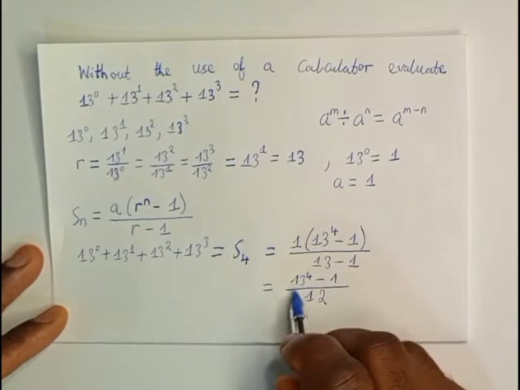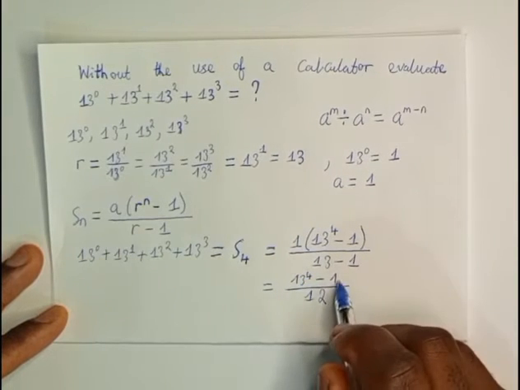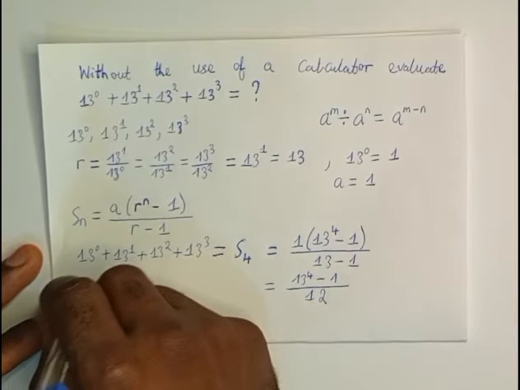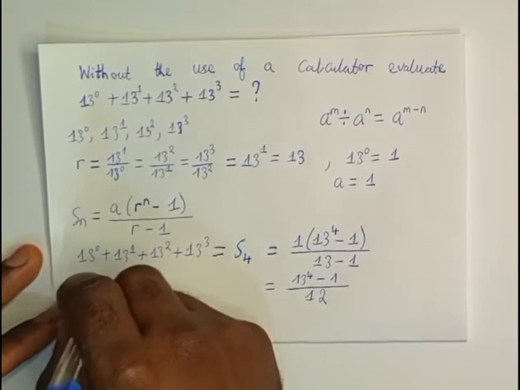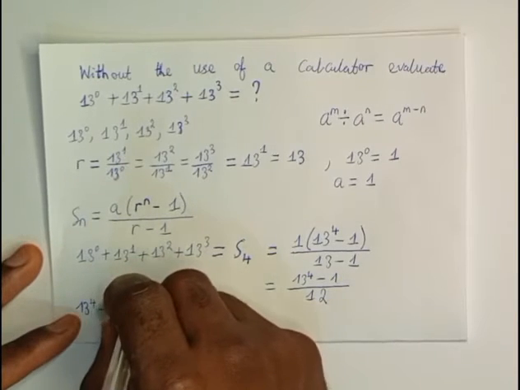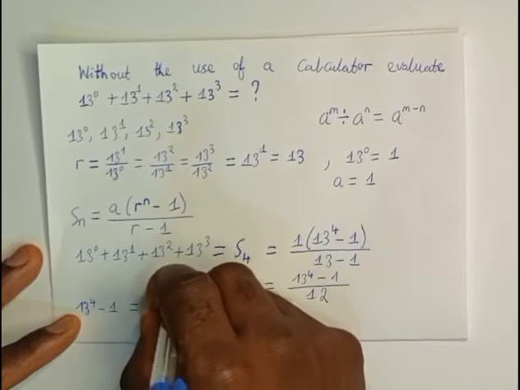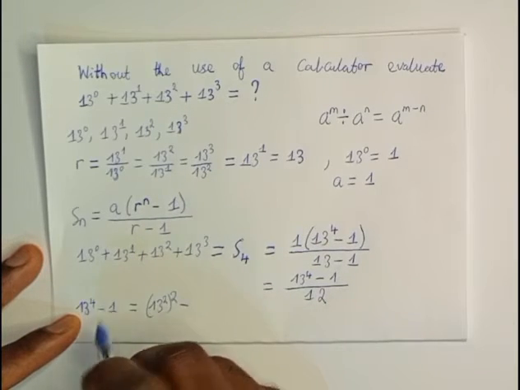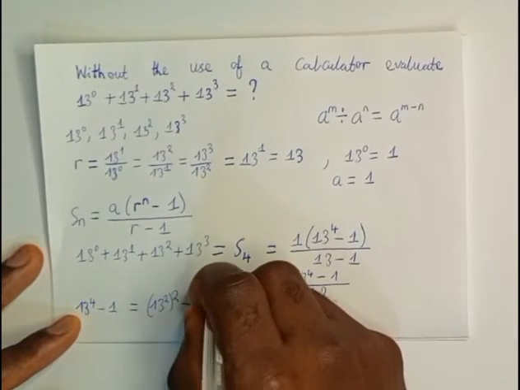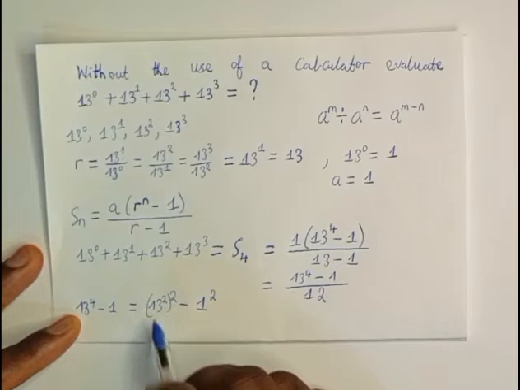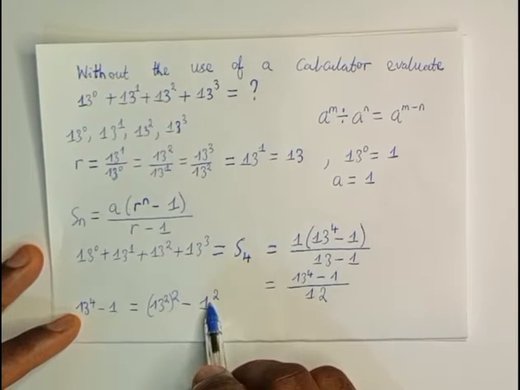Next, we have to simplify 13 to the power 4 minus 1. We can express this as 13 squared, all this squared, minus 1 can be expressed as 1 squared. This is the difference of two squares.